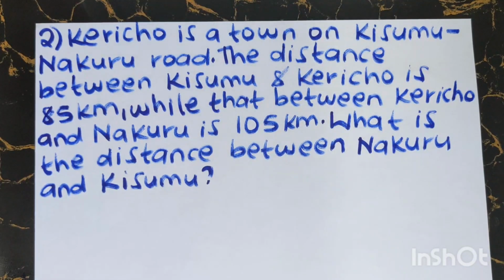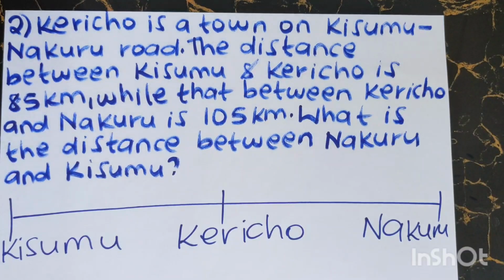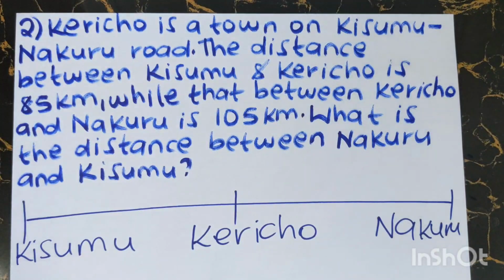So that statement automatically tells you that Kericho is in between Kisumu and Nakuru, okay? So you can represent that with a diagram. So we have Kisumu, Kericho, and Nakuru. So the distance between Kisumu and Kericho is 85 kilometers, while that between Kericho and Nakuru is 105 kilometers. So we'll need to write those distances on the diagram that we have just drawn.